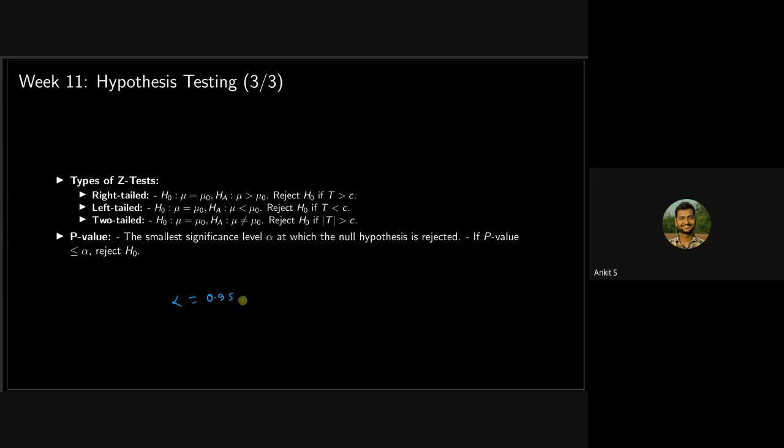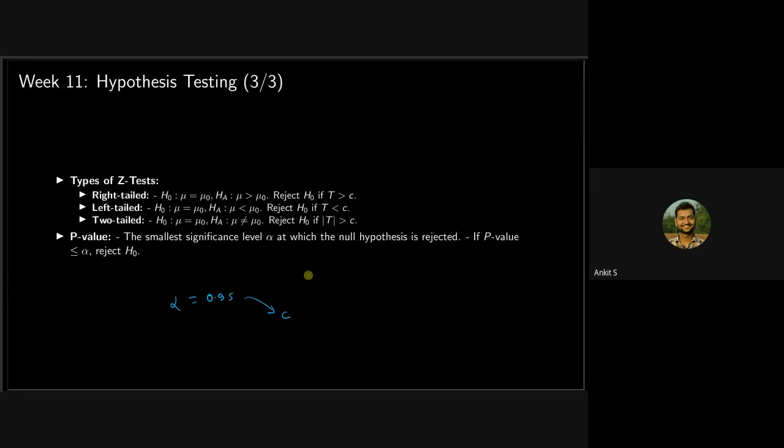First of all, we decide alpha. It decides what kind of tests we are going to do and what the thresholds are going to be. So it decides the critical value, and based on this we will reject or accept a hypothesis.